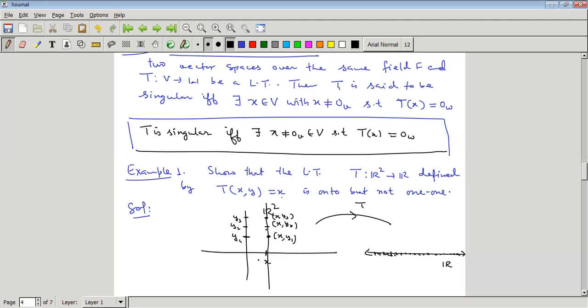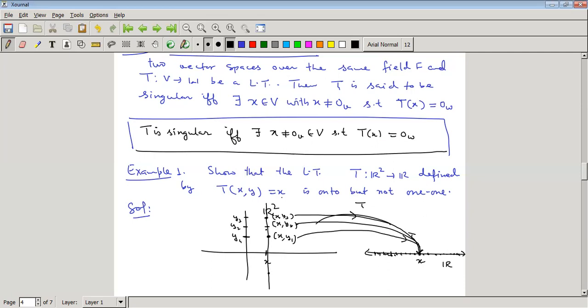The output of T of x comma y1 is x, the output of T of x comma y2 is again x, because we get the first entry, and T of x comma y3 is again x.